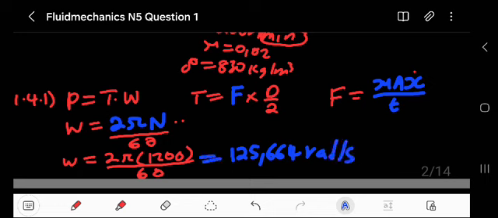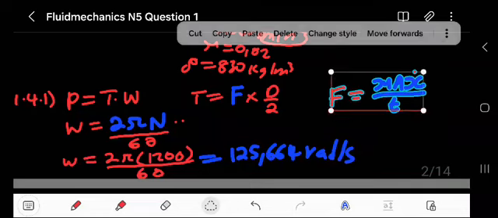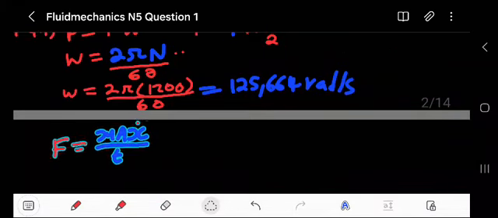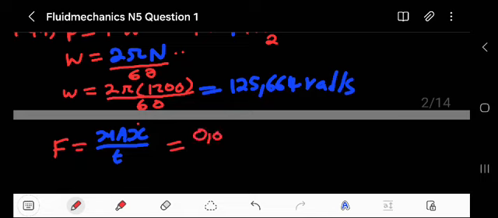Okay, let's go forward to the force. Using force, we'll use this formula. Now let's attack the force. Coefficient of viscosity is 0.02, but now here the area, I don't know the area again. It's another thing.